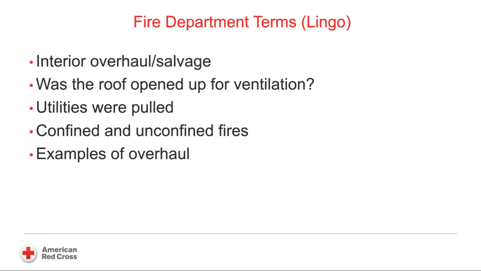Another common action is to pull the utilities. This means that electric or gas service was terminated to the home. If this was done because of a fire, then you'll want to understand how long it's likely to be before those services can be restored. A home without utilities for longer than 48 hours can be deemed unsafe and meet that uninhabitable criteria.